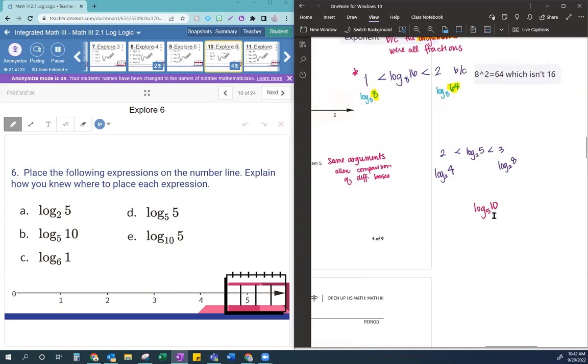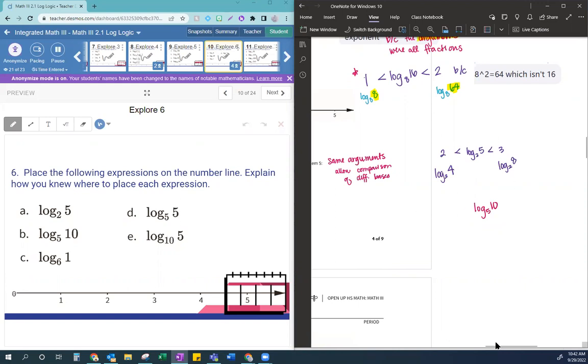So here in my brain, I'm saying powers of 5. So what are you talking about, Ms. Johnson? Well, I say 5 to the 0 is 1. 5 to the first is 5. And 5 squared is 25. So I'm thinking of these powers.